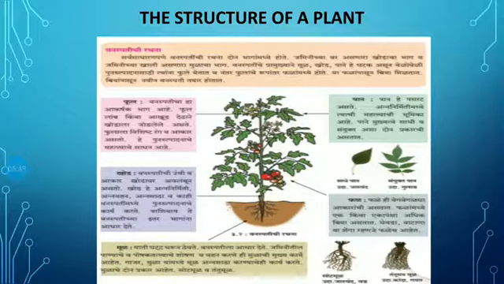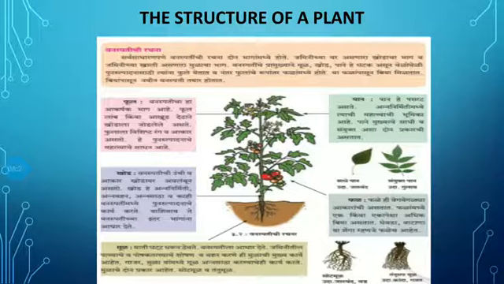Okay. Next part, the flower. This is the most attractive part of a plant. It is connected to the stem by a stalk which may be long or short. A flower has a typical color and shape. The flower is an important means of reproduction.